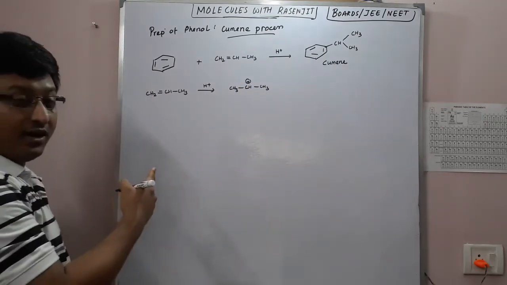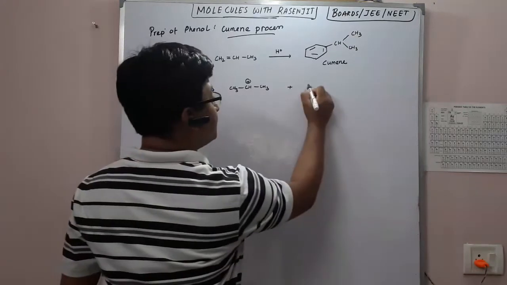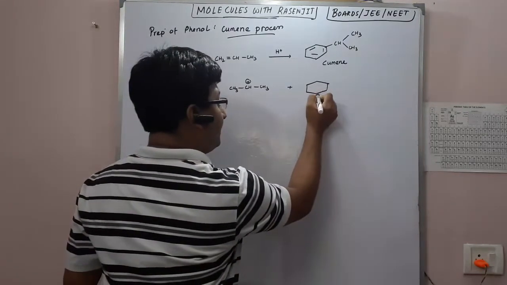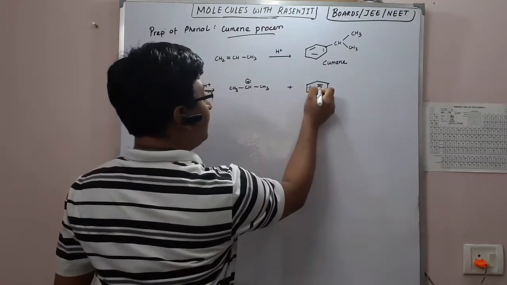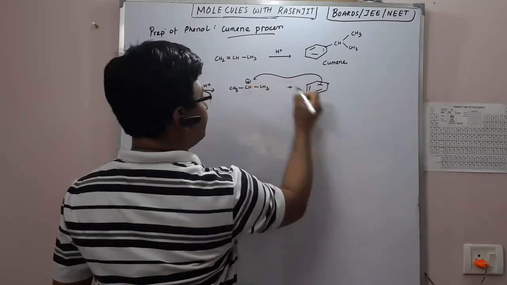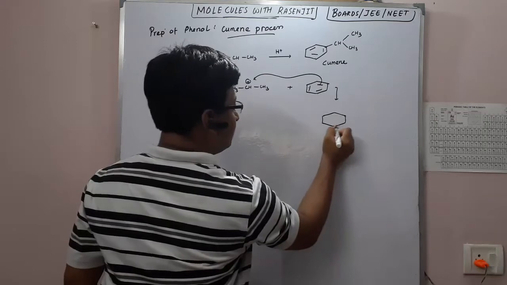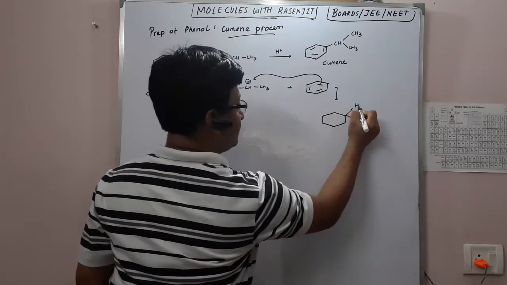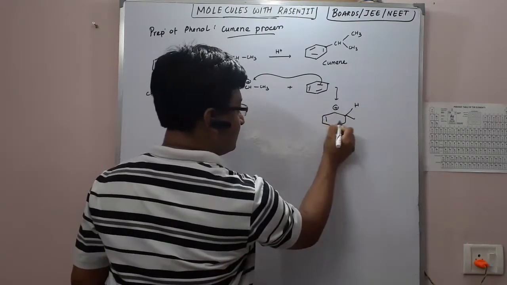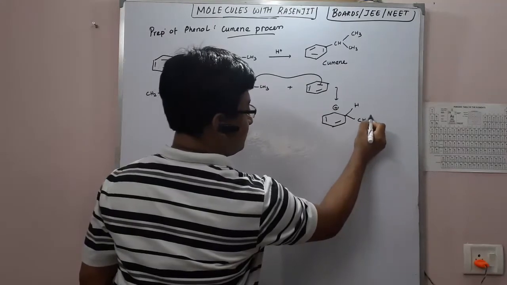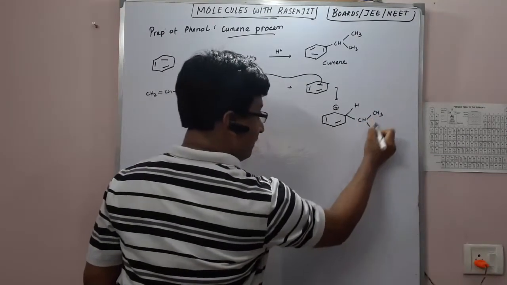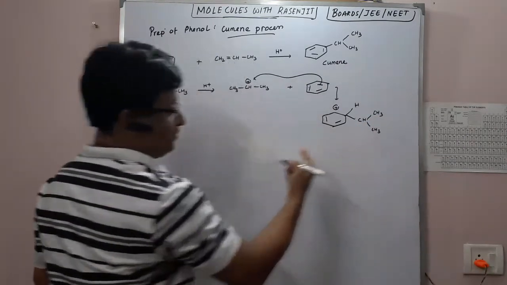This is a stable secondary carbocation. Now in presence of an aromatic ring, it will undergo an electrophilic substitution reaction. This is your ring with hydrogen, plus CH(CH3)2.